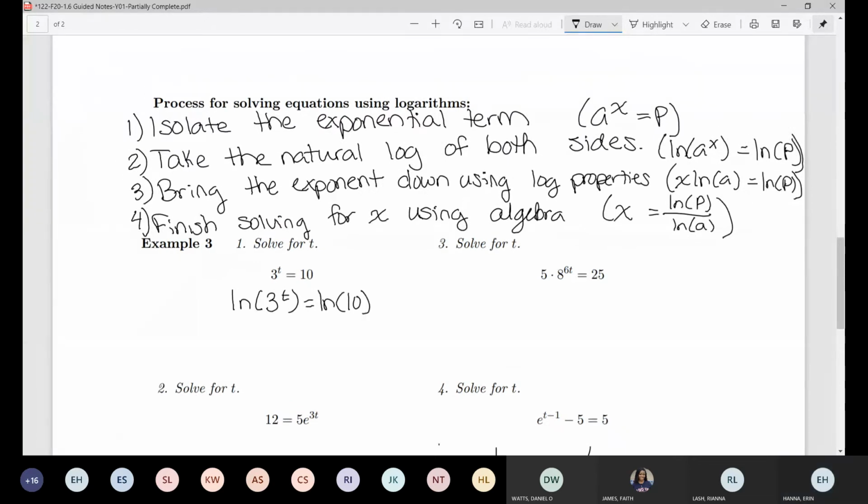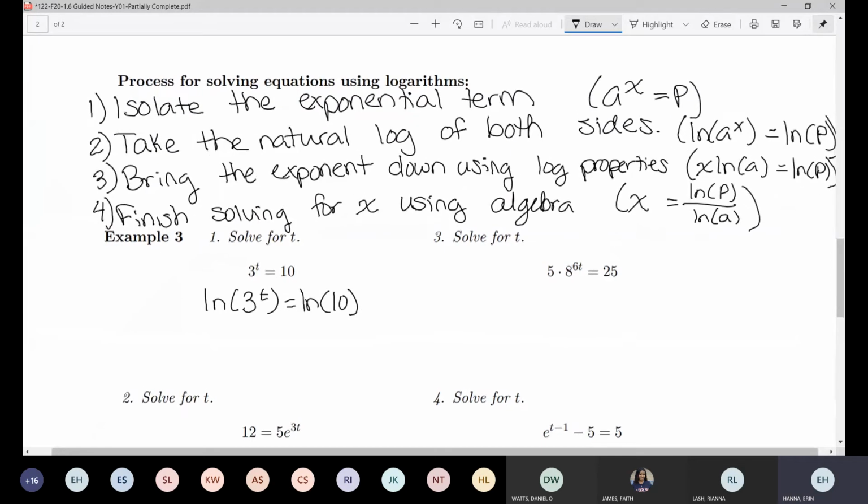Step 3, bring the power out. Step 4, finish solving for, well, in this case, t, whatever variable you're looking for.